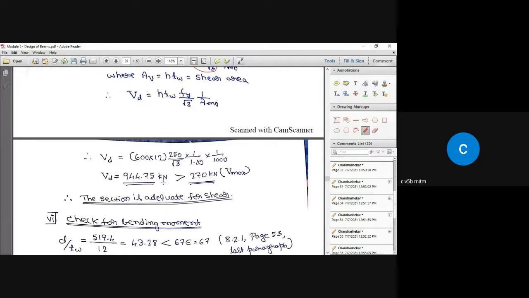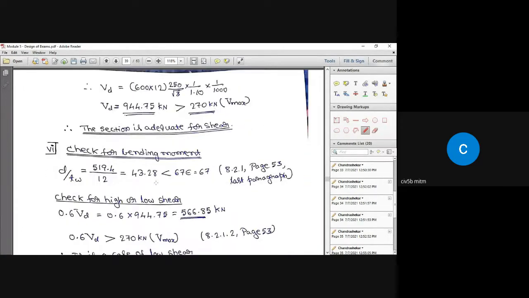That means Vd equal to 944.75 kilonewton is the design shear capacity of the section we have selected. That is way greater than the design shear force at the supporting point, which is 270 kilonewton. So ours is safe. The section is safe against any kind of shear failure.